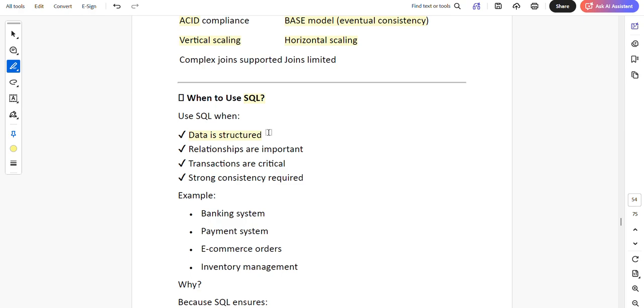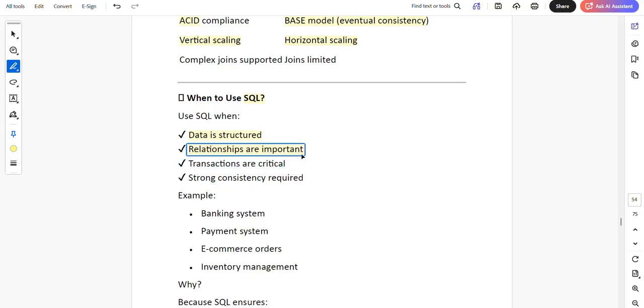For example, employment data has a specific employee ID, one column for name, one column for salary, and one column for department. It's quite structured data, so we can use an SQL database for that purpose.